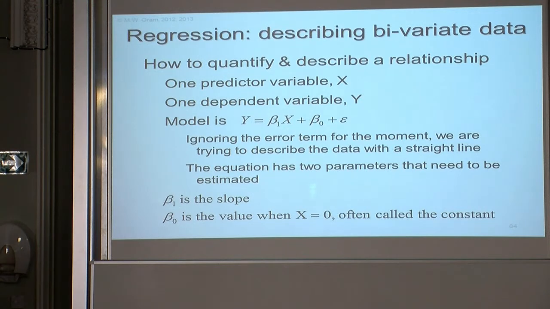Okay, so we're going to describe the data with a straight line. And if we ignore the error term for the minute, it's these two: the slope and the value when x is 0, often called the constant. So y equals ax plus c is a standard way of doing it, where c means a constant. It's actually the value when x is 0.